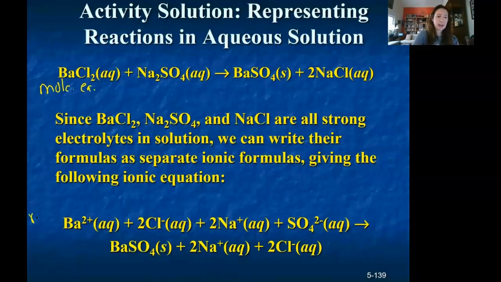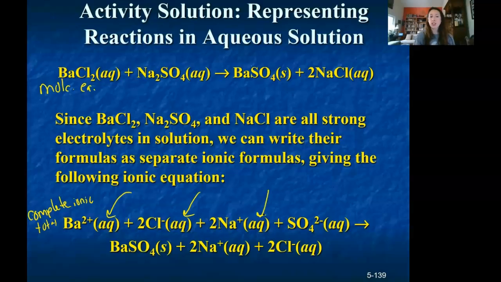Here's the complete ionic equation, or sometimes called total ionic, either or. And again, see here, look, I put all the AQs in. You technically should put in all the AQs, although sometimes I let people just write all AQs except this, right?